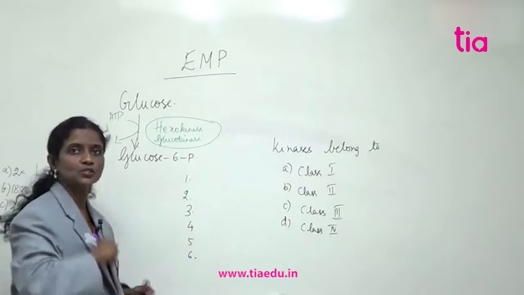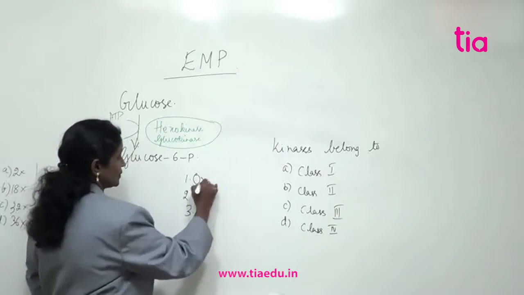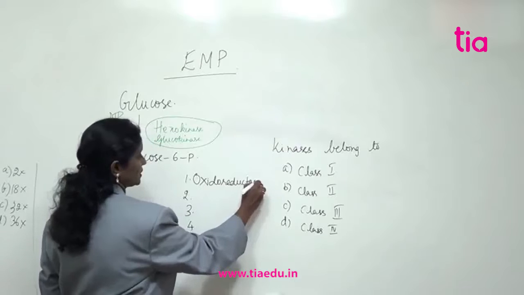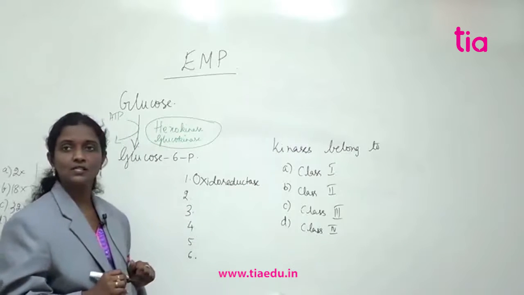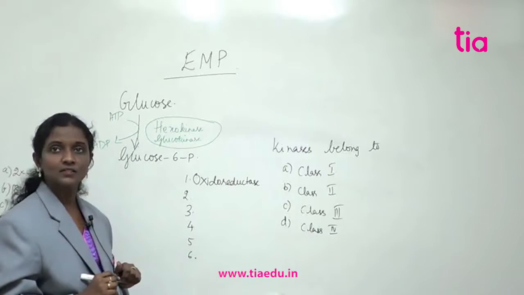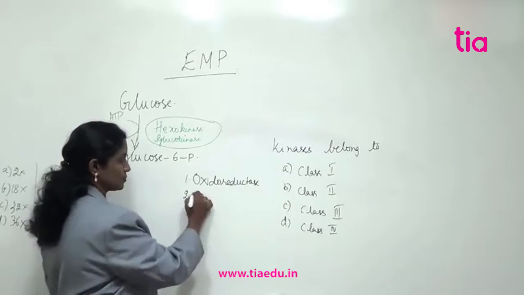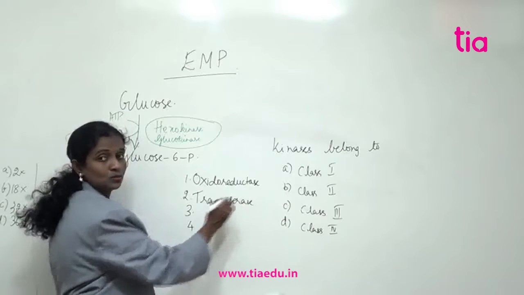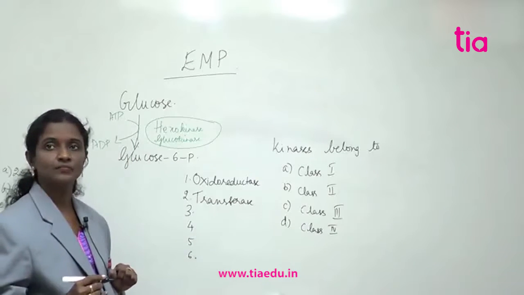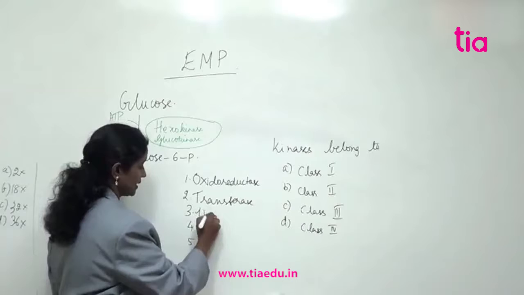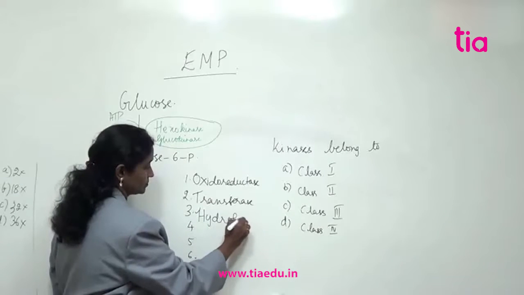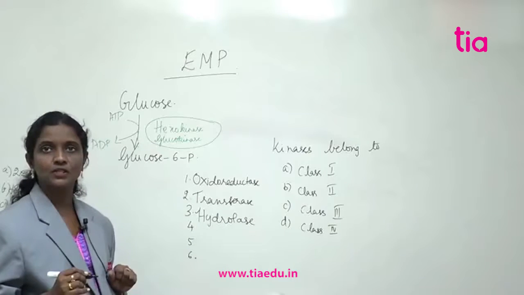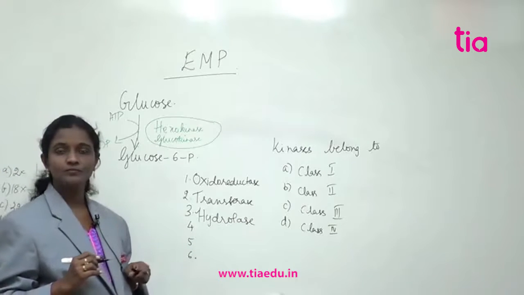Okay, the first one is oxidoreductase. Fantastic. Class 1 is oxidoreductase. Very good. Then class 2 is transferase. Then after class 2, what is class 3? Hydrolase. Then class 4?